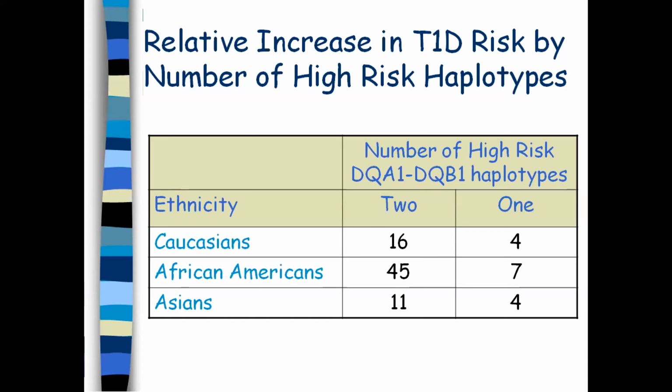In African American, it is 45 and 7, while in Asian, it is 11:4. So when we have this data, we are able to know that it has more prevalence in African American and less in Asians.